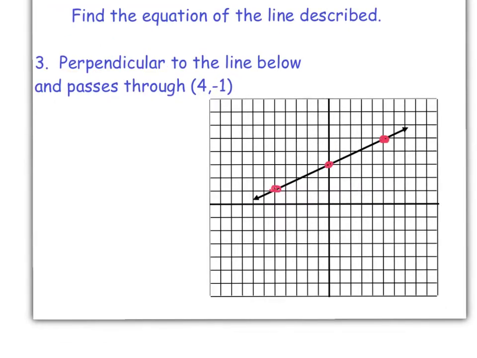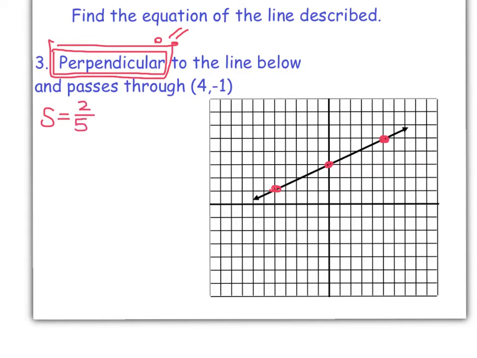All right, for number 3, I'm going to box in the word perpendicular because we have to remember to do the negative reciprocal. So my slope at this time is run 5, rise 2. So I need to make sure that I change that to its negative reciprocal. And now I plug in that new slope to find the b.